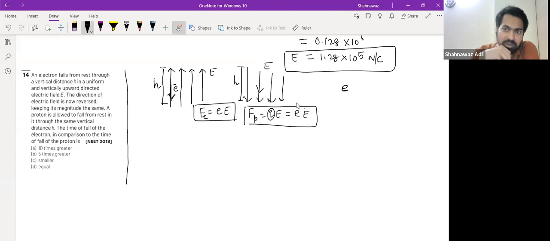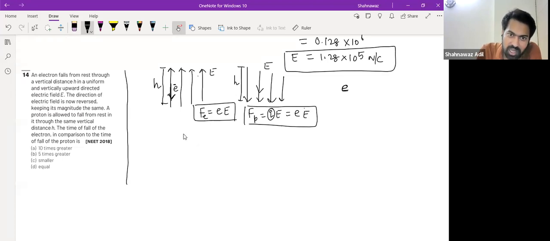Rabia, can you hear Aisha properly? For me, her voice is breaking. Oh, my internet is unstable, sorry guys. Can you repeat your question, Aisha? Isn't it minus eE for the electron?